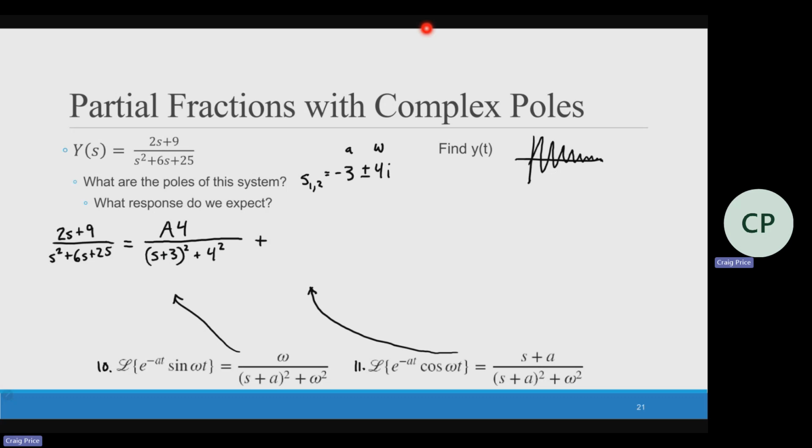For any kind of complex root, I'm always going to use sine and cosine as my partial fractions. That's how I get my two fractions to set up. In this case, I would have B times (s plus a). A is 3. Then we have (s plus 3) squared plus 4 squared.